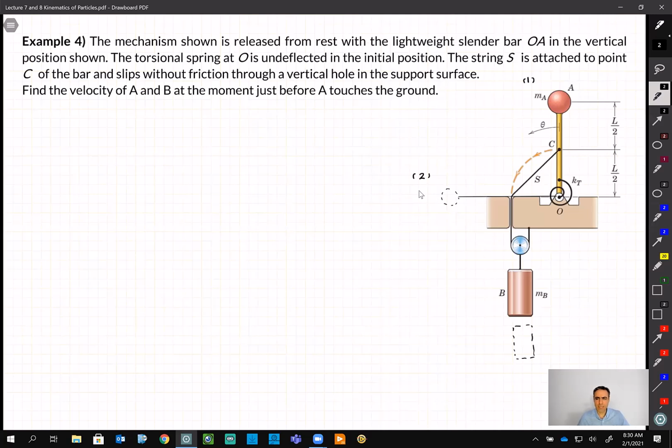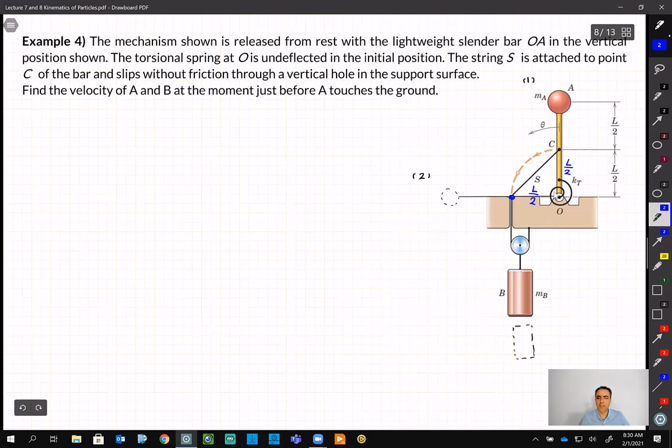So let's see how I can approach this question. Let's say this length is L over 2. Definitely this length has to be L over 2. Look at the geometry: this point C moves on a circle and comes to this point, right?